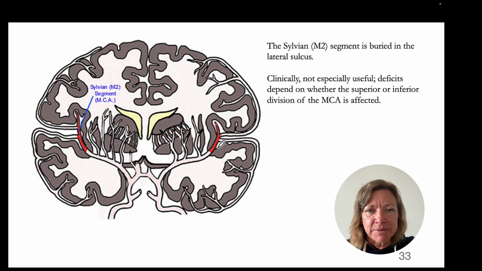Now, in terms of anatomy, we do name these vessels that are buried within the operculum, deep to the lateral sulcus. That's the Sylvian segment of the artery, or M2. Clinically, this isn't super useful. So deficits kind of depend specifically on whether it's the superior or inferior division of the MCA that is affected.